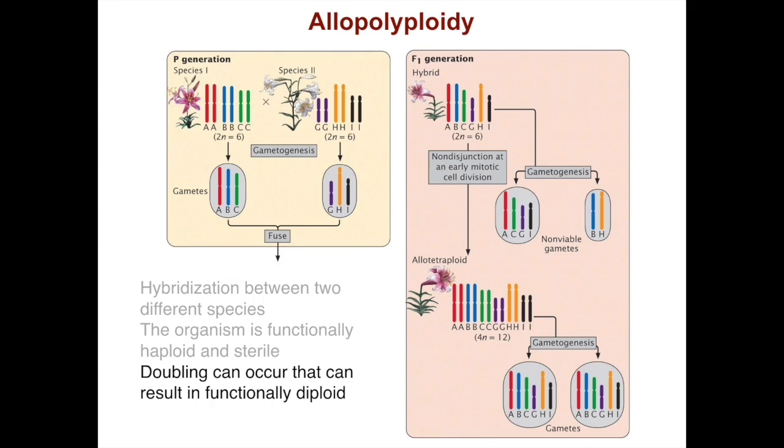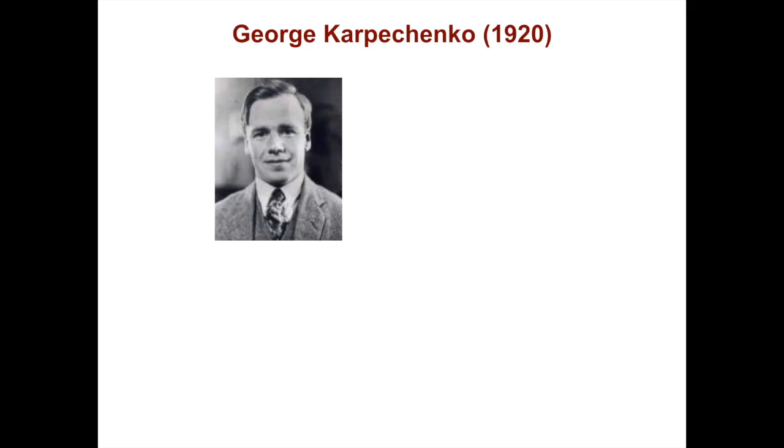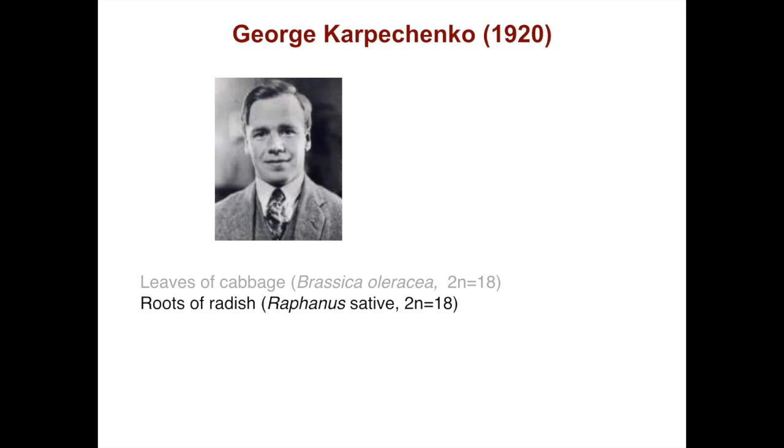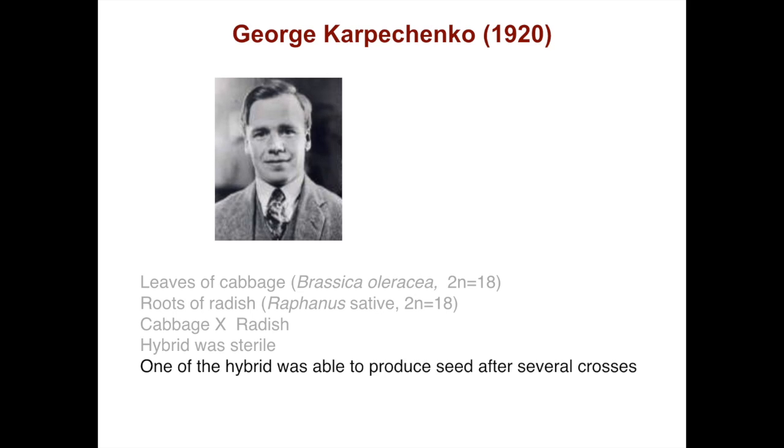George Karpechenko in 1920 did experiments with cabbage, and he crossed them with radishes. In this cross, the hybrid was sterile for the most part, but one of the hybrids was able to produce seed after several crosses.